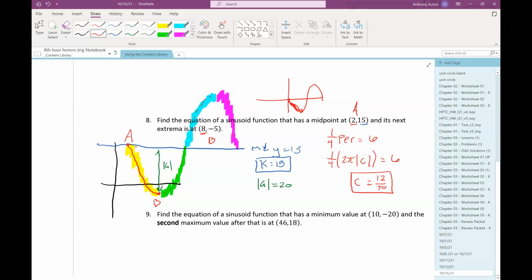That's how I came up with the 1/4. I said, okay, the midline to minimum is one section. Minimum back to midline is another section. Midline to max is another section. Max down to mid is another section, because those are all equally spaced apart.